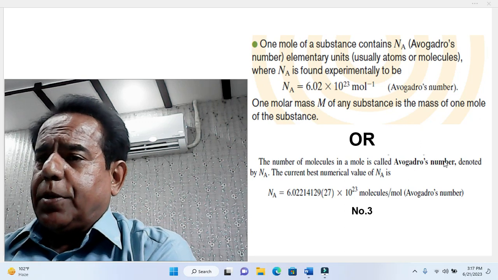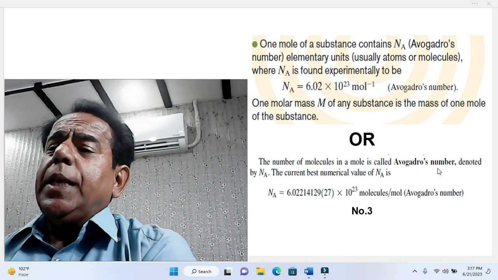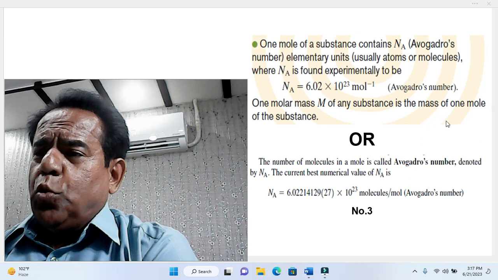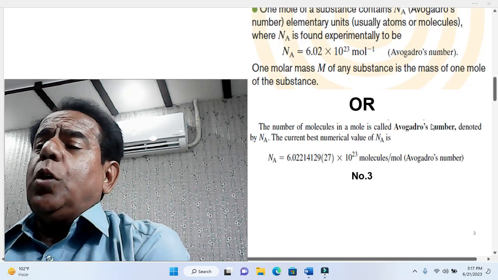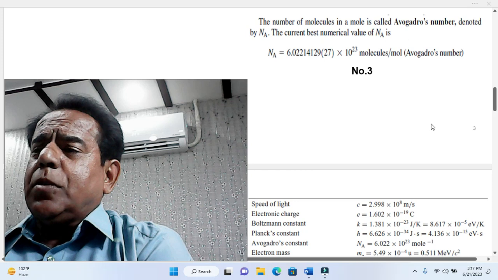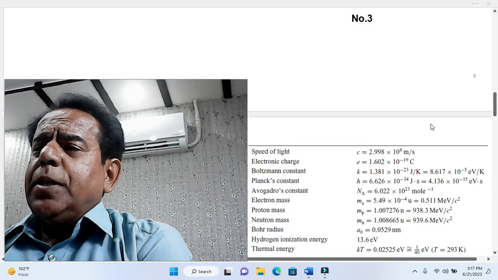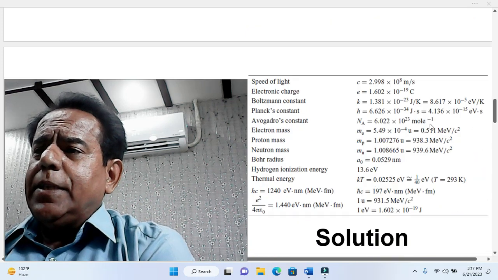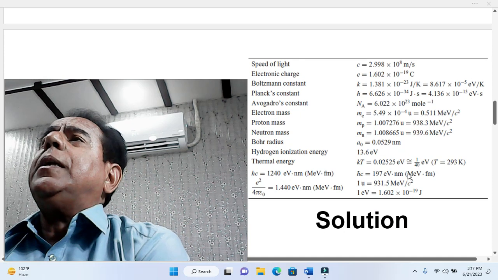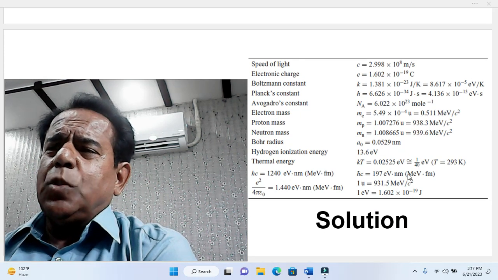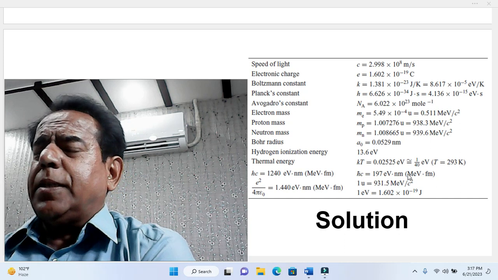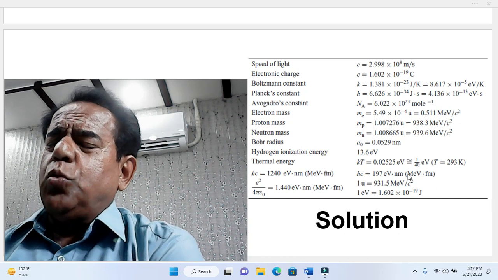We have many times gone through this definition and concept. However, because it is very relevant in this problem, here once again it has been taken into consideration.